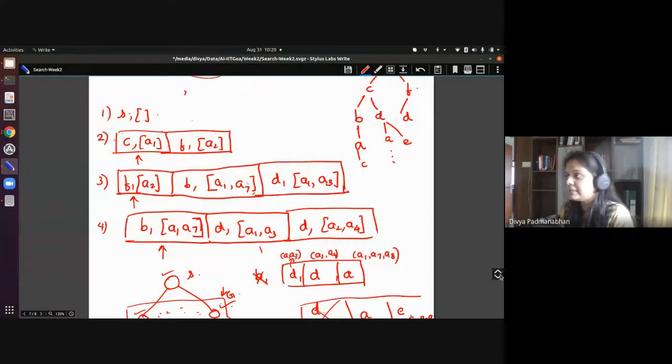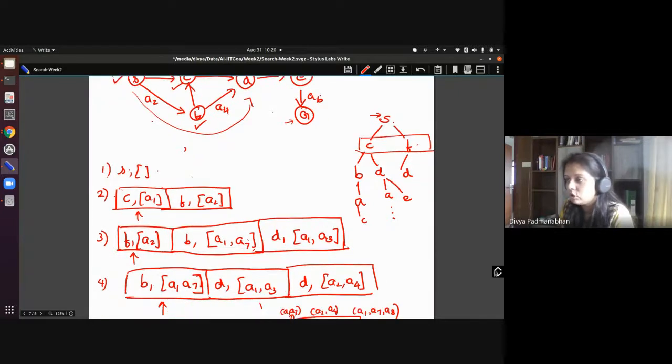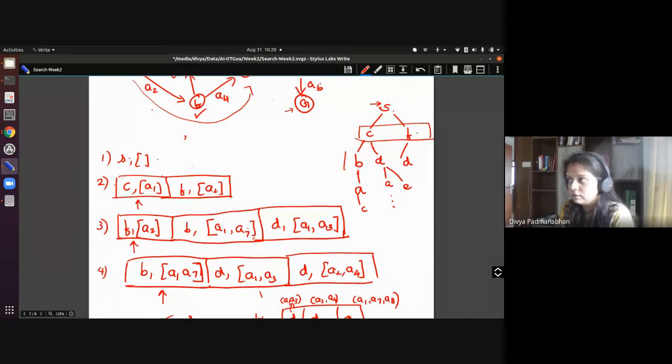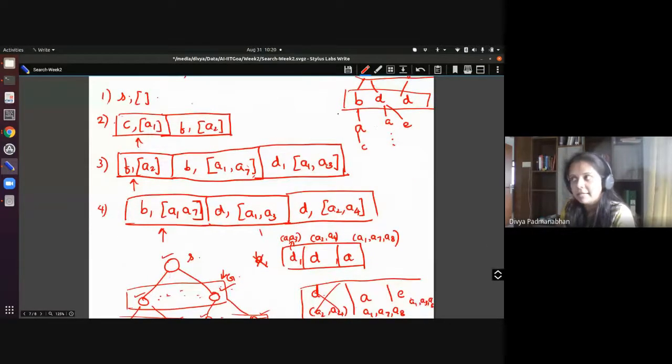I'm just not writing the whole search tree. But if you see the queue, what's going to happen? First, there was just this one node. Then you had C and F. So what you had was actually this whole level, this whole depth. And after you removed F, what you had was B, D, D. Once you would have finished D, you would have had the next level, and this process would go on and on.